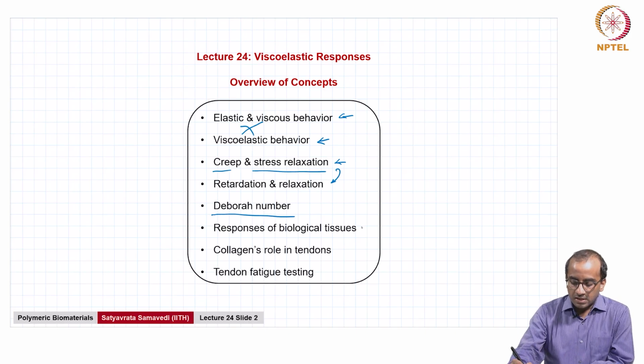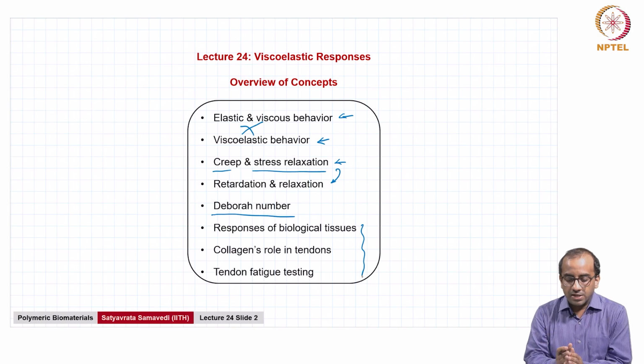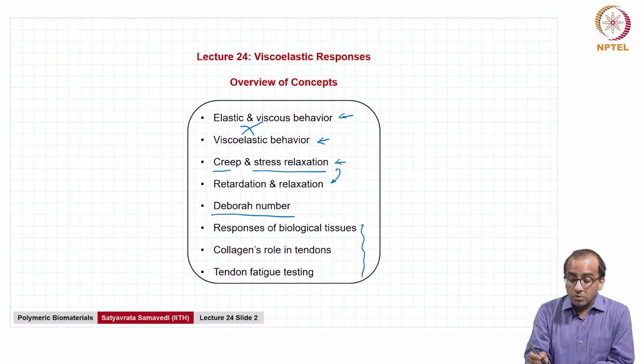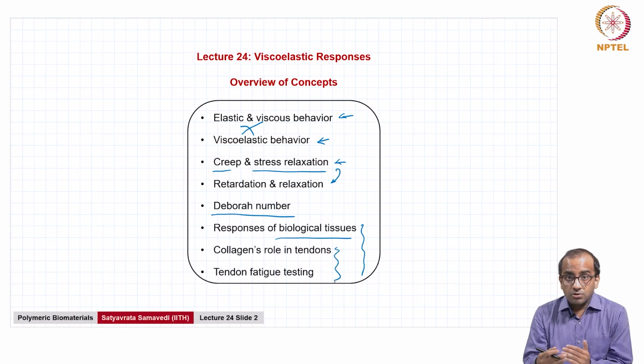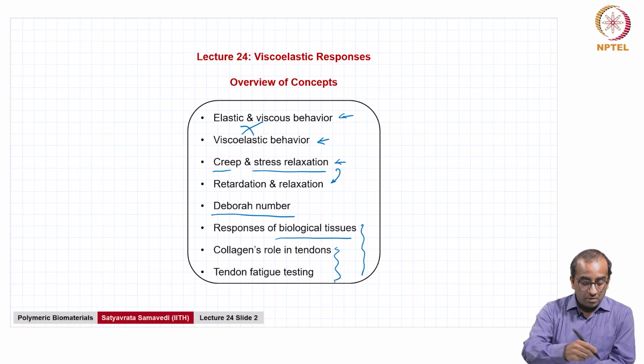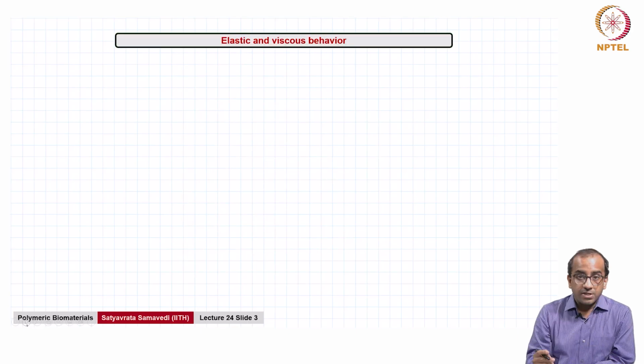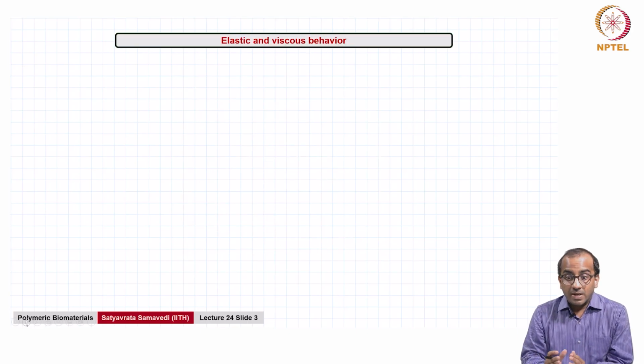And then towards the end of this lecture, we will focus a little bit on contextualizing the concepts we have learnt in this lecture and applying them to understanding the responses of biological tissues, particularly with a focus on collagen and its role in tendons, as well as the fatigue testing of tendons. With that, let us jump right into this lecture and first inspect what we think of as purely elastic and purely viscous behavior.